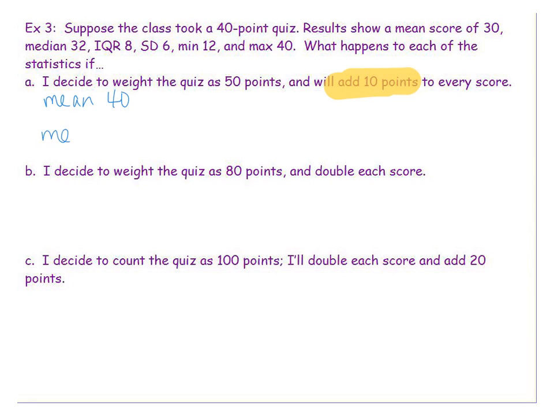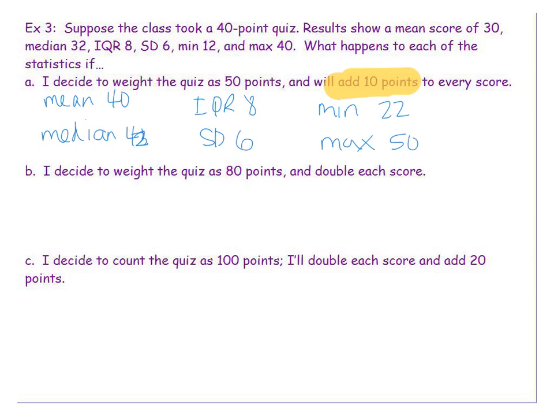Will the median change? Yes. We're going to add 10 to 32 and get 42. Will the IQR change? No, that only changes by multiplying. It stays 8. Standard deviation, only multiplying. It stays 6. Minimum, yes, we're going to add 10 to make it 22. Maximum, yes, we're going to add 10 to make it 50.